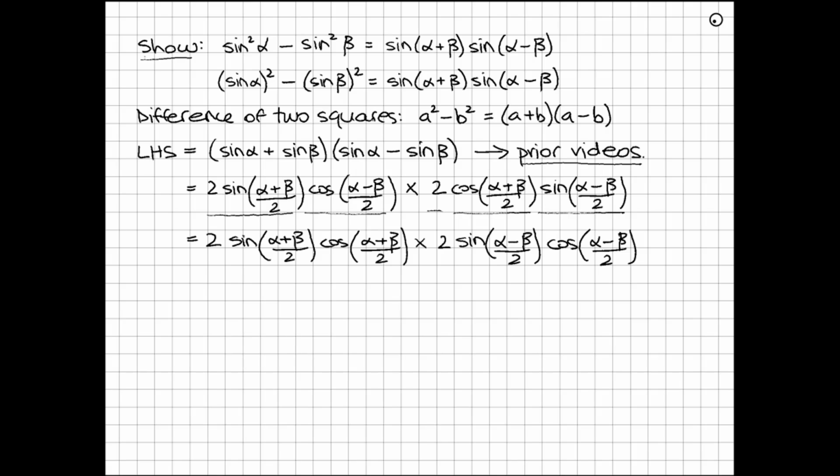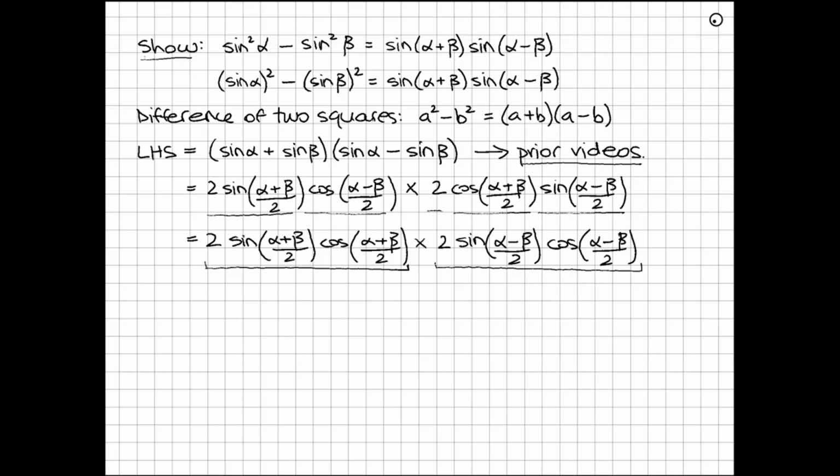That way we can really see what can be simplified with our double angle formula, because we've got 2 times the sine of something times the cosine of something, and we've got that twice.